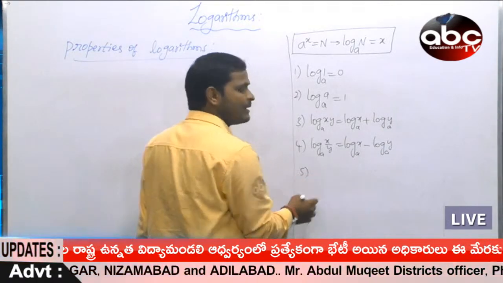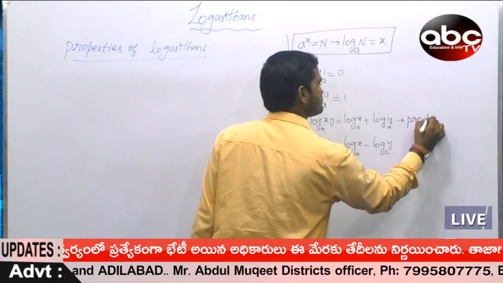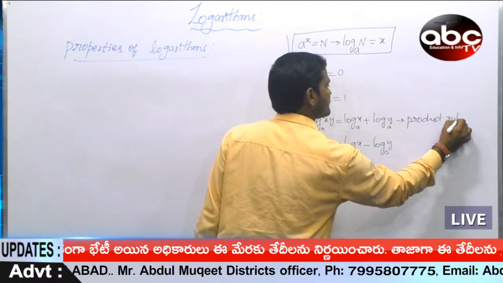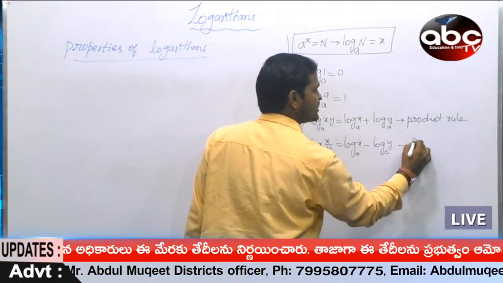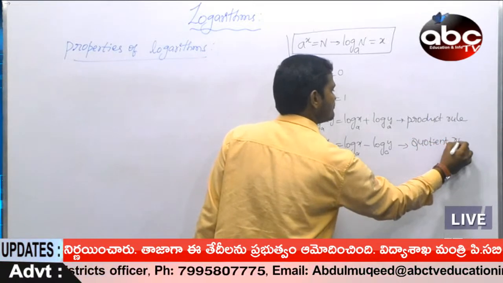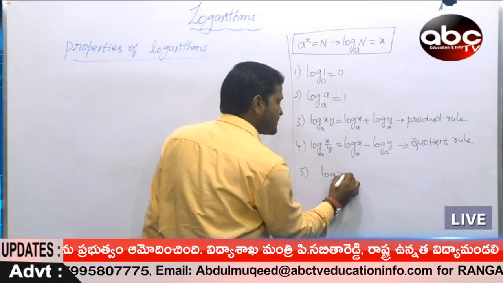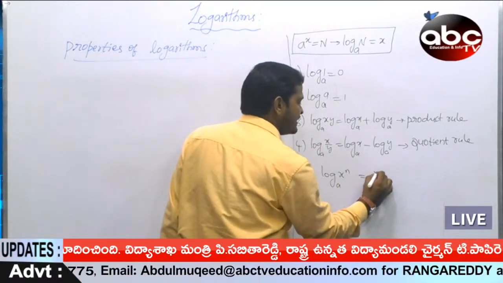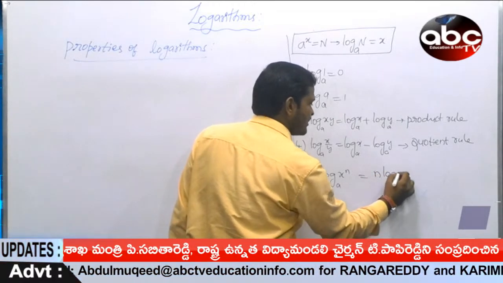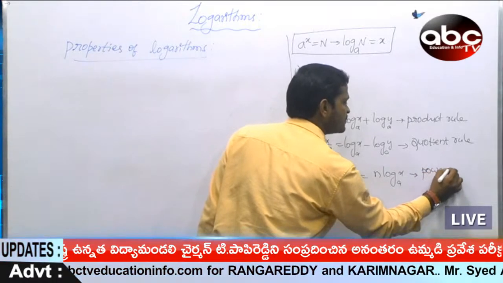Now fifth one, power rule. Next, log x power n base a is n into log x base a, it is the power rule.